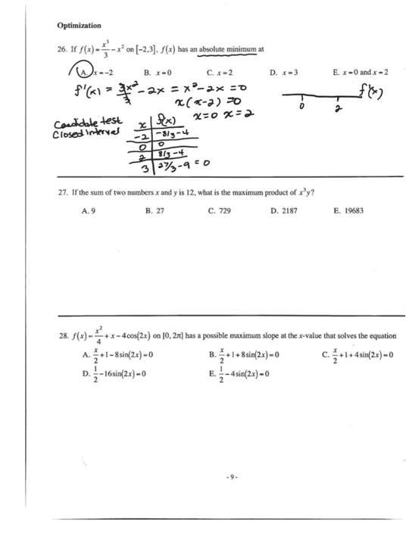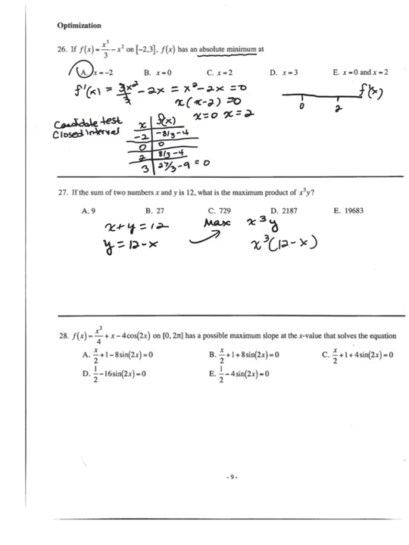Okay, so number 27, we have the sum of 2 numbers is 12, so that's x plus y is 12. What is the maximum product? Okay, so we want to maximize this function. We need to get it down to 1 variable. So what I'm going to do is I'm going to take the y, is going to be easier to replace with an expression for x. I'm going to sub that in. So I have x cubed times 12 minus x.